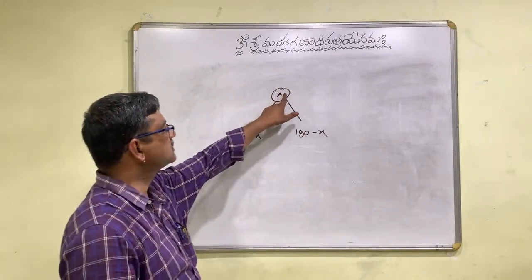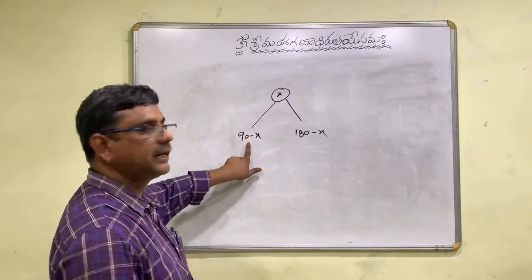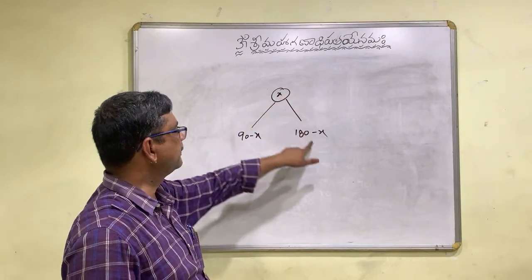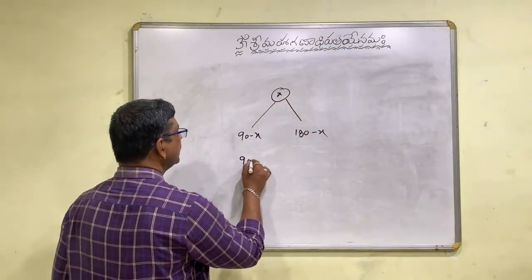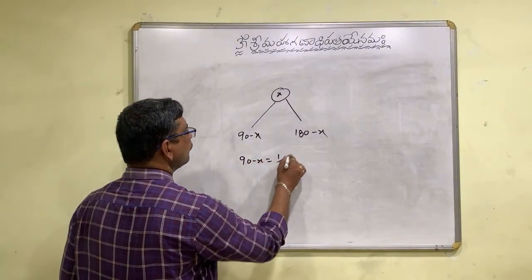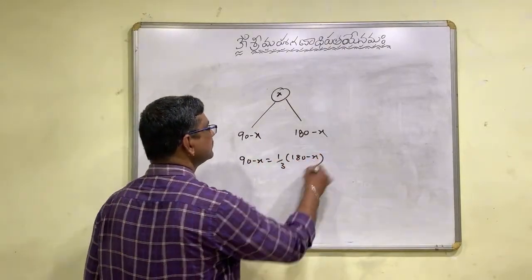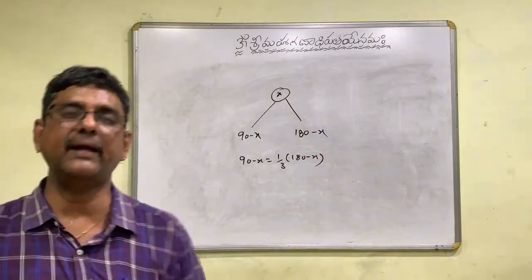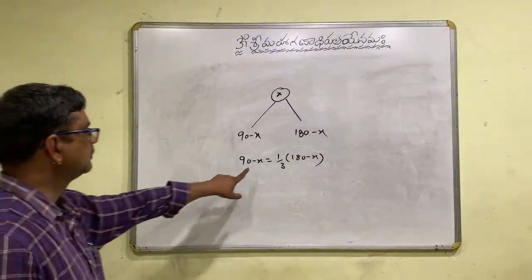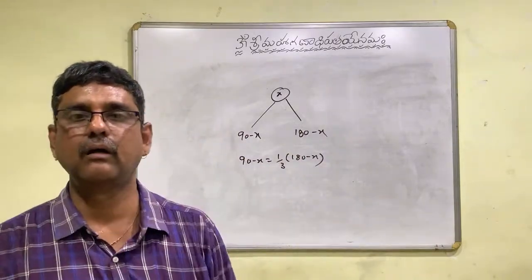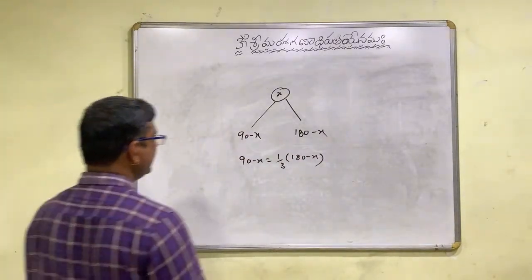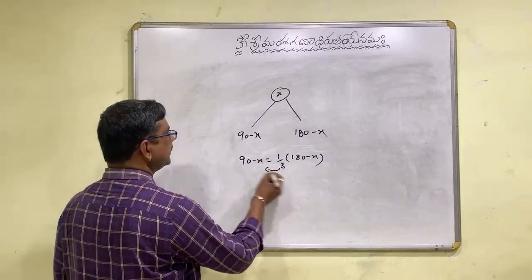It is given that its complement is 1/3 of its supplement. Okay? Now simplify. Send this 3 to this side.